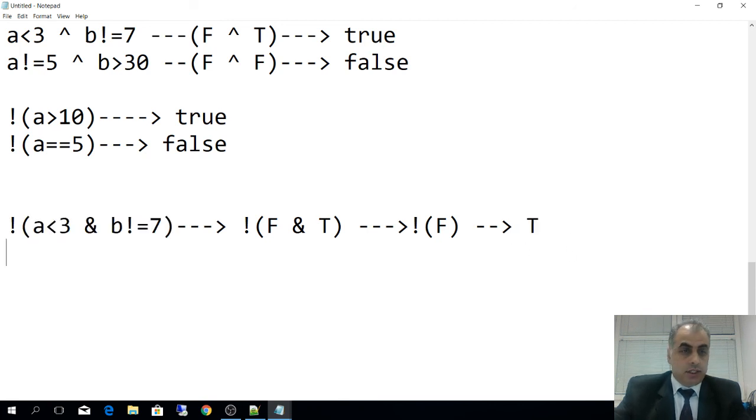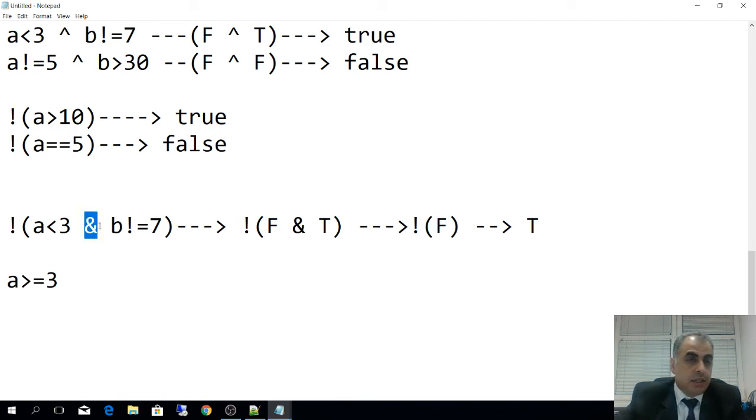Now, what are we going to do? If you need, you can distribute this NOT operator to each of them. How do you do that? First of all, not A is less than 3 means A is greater than or equal to 3. The not less than means greater than or equal to 3.